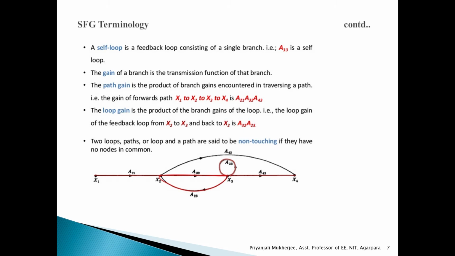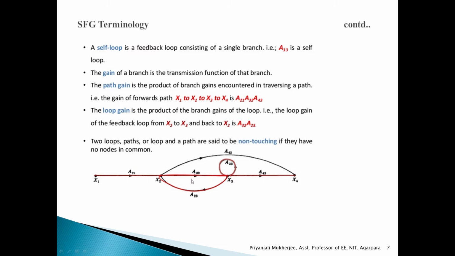Next is the path gain, and path gain is the product of all branch gains in a path. So first consider the first forward path, that is x1 to x2, then x2 to x3, then x3 to x4. The transmittance from x1 to x2 is a21. The transmittance is the gain between nodes or branch gain, and it is also represented in terms of the transfer function.